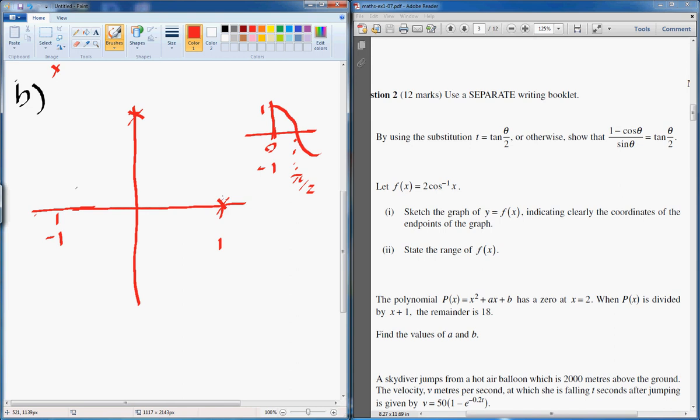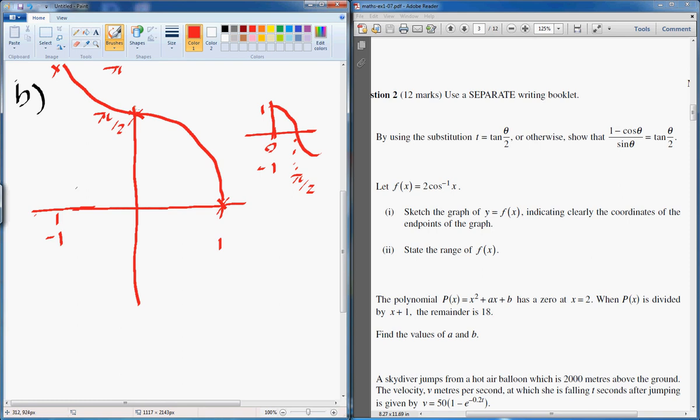Okay, so that's what I end up with. So pi on 2, and this value is pi. But remember we have this 2 over here. Okay, so what happens is these values get doubled. I hope that makes sense.